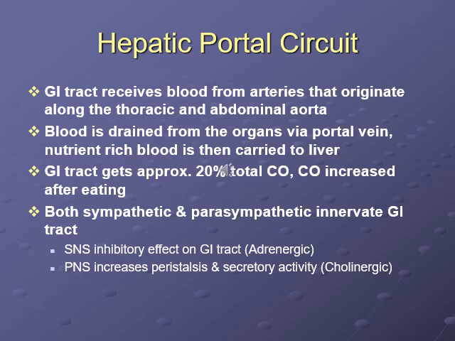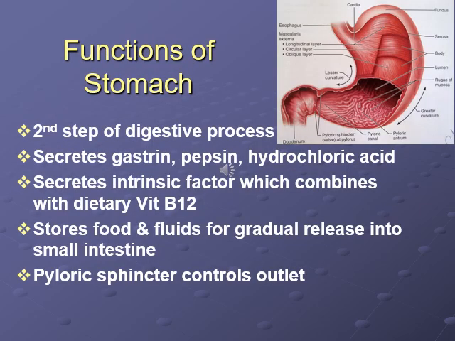The other thing is just to understand that the GI tract is innervated by both the sympathetic and parasympathetic nervous system, but we are most readily aware that parasympathetic nervous system stimulation is what will respond in the GI tract.